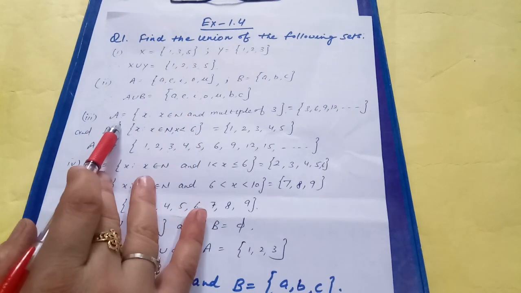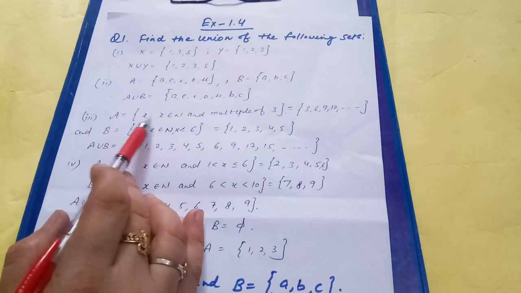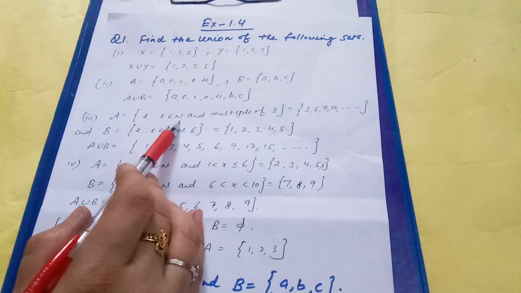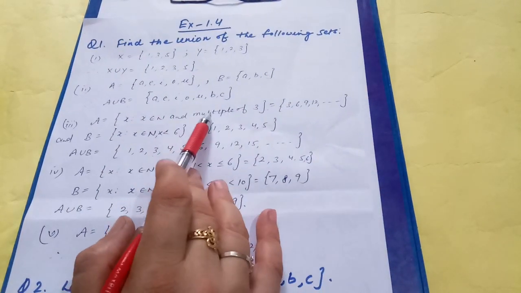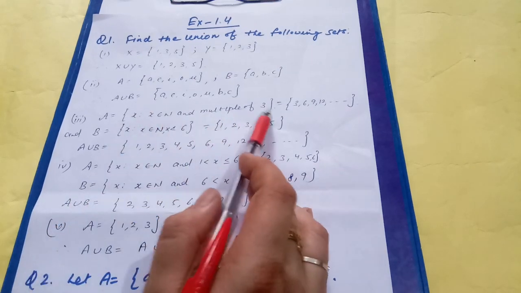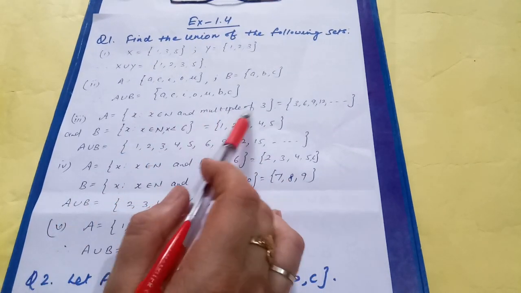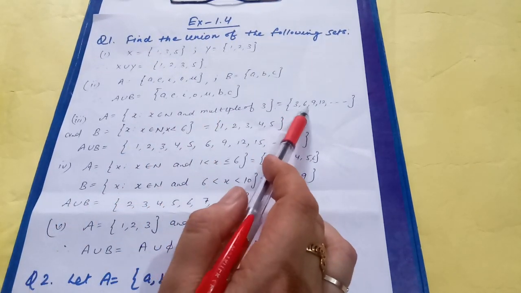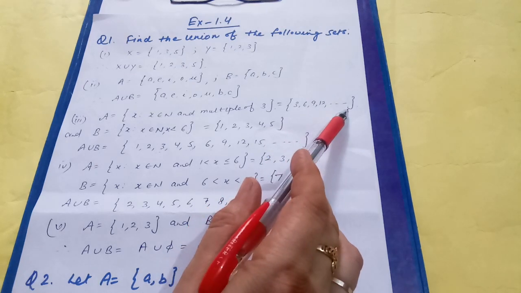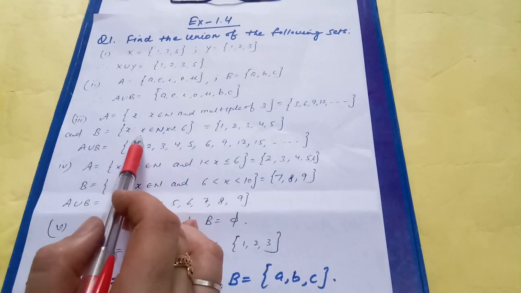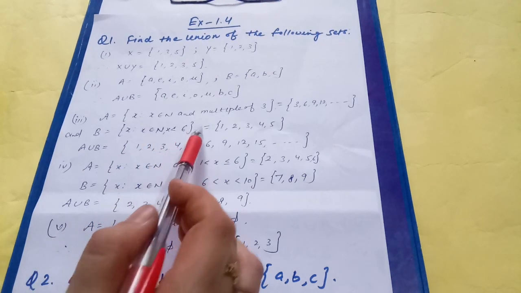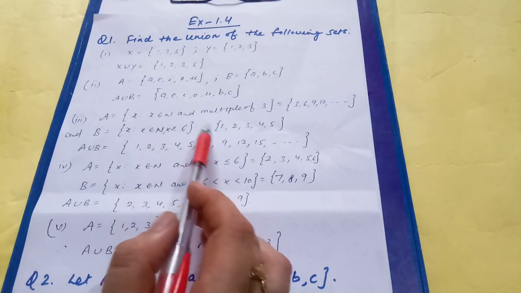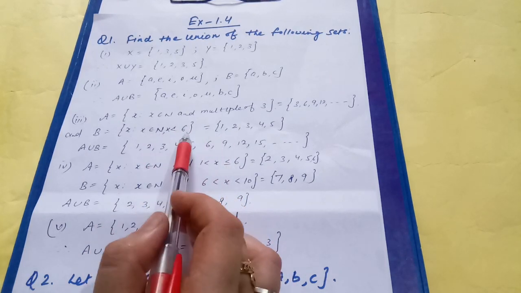Now, in third part, A is equal to the set of all those x such that x belongs to natural numbers and is a multiple of 3. Now here firstly list the elements of the A set, that are natural numbers and multiples of 3, that are 3, 6, 9, 12 and so on. And B set equal to the set of all those x such that x is a natural number and x less than 6. So in this B set the elements are natural numbers less than 6.